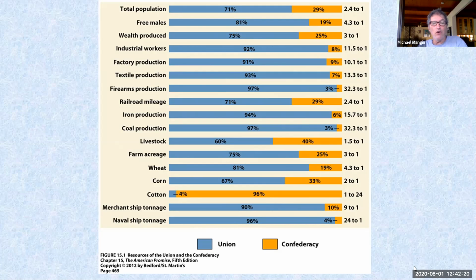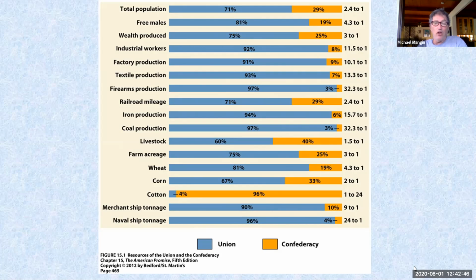The South almost won the war. If they had taken the high ground at Gettysburg, if they had followed through on their victories in the Virginia campaign, the South could have won.